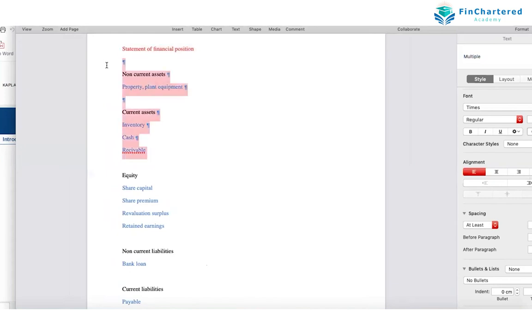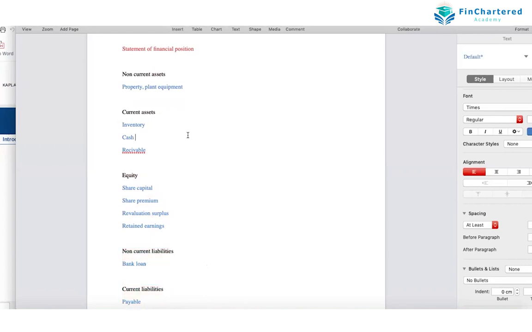So as I said, this is a simple piece of paper that is answering 3 questions. What assets do you have? Both non-current and current. What equity do we have? And what liabilities do we have? Both non-current and current. So it's a simple piece of paper that is only giving you information about 3 things.